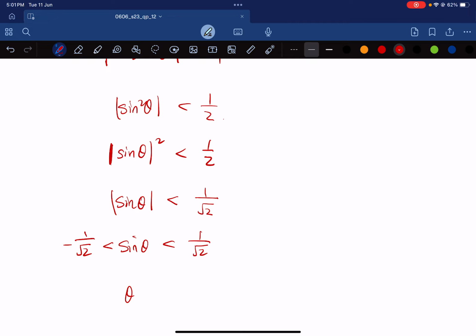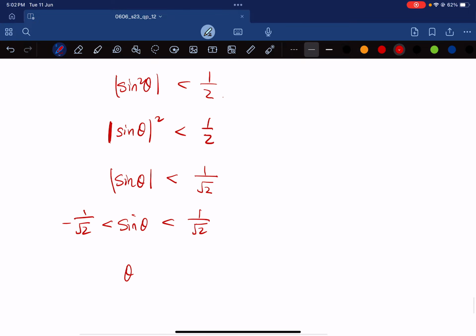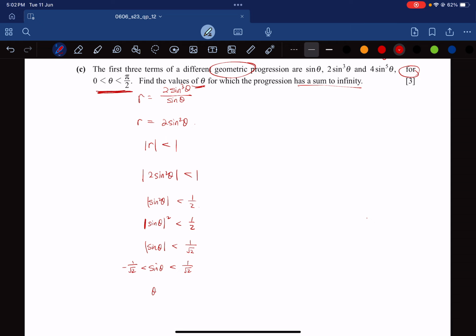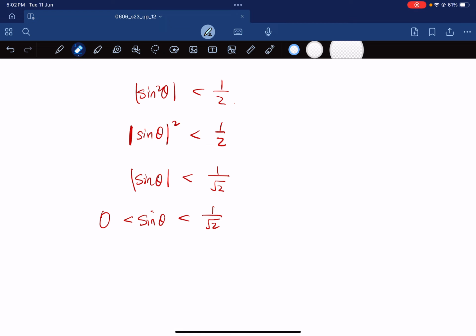So for theta, the sine function is now from 0 to pi over 2, which means sine minimum is 0, and the sine function is an increasing function.